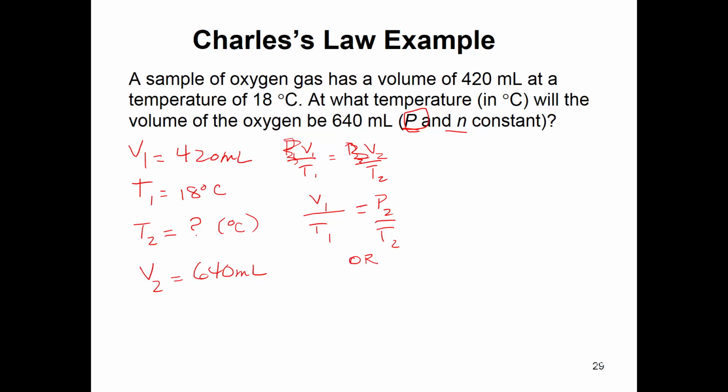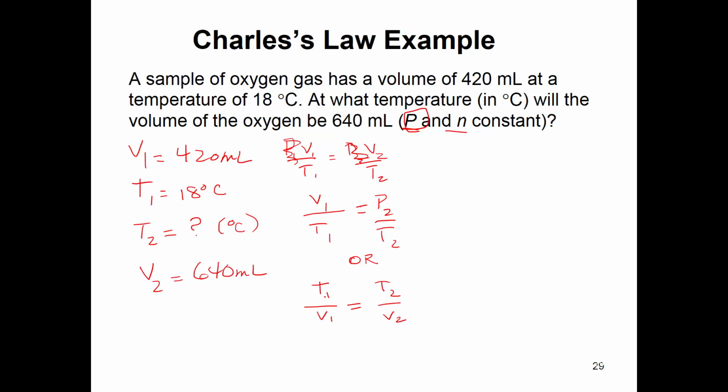The rule in math is that if I've got two things that are equal, on each side of the equal sign, and I do something to one of them, I can do anything as long as I do the same thing to the other side. So what I'm going to do is flip it. Instead of V1 over T1, I'm going to say T1 over V1 equals T2 over V2.